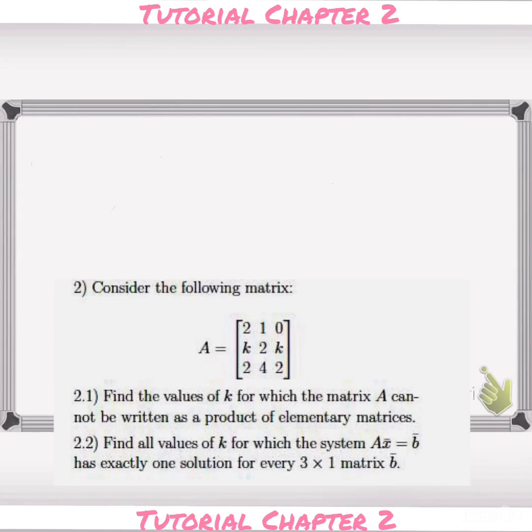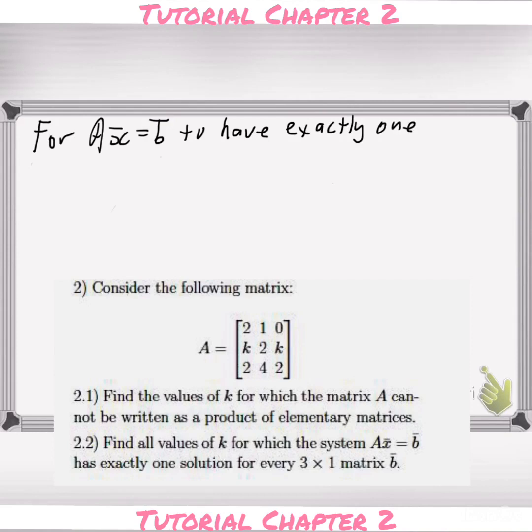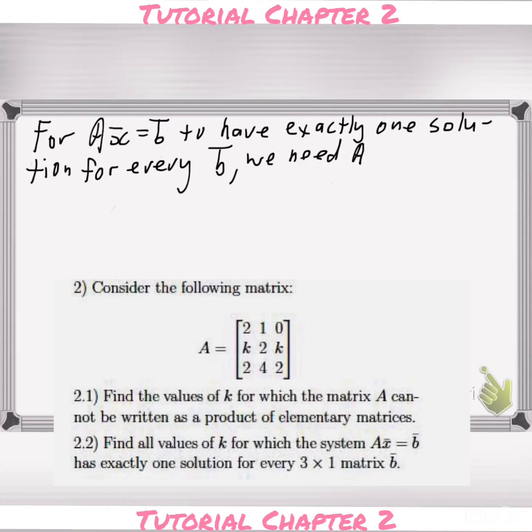So for AX equals B to have exactly one solution for every vector B, we need A to be invertible.